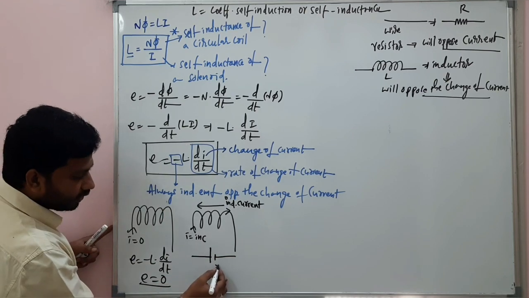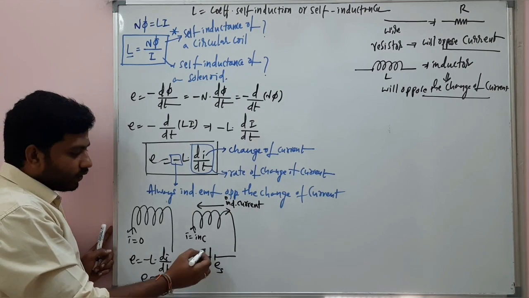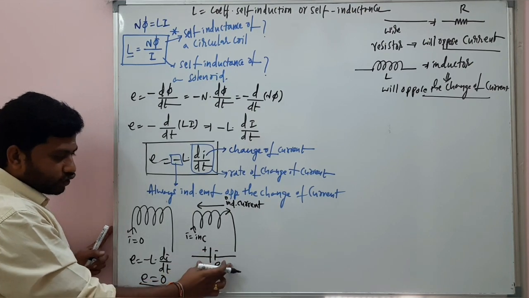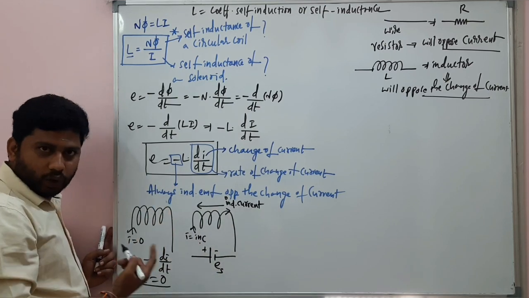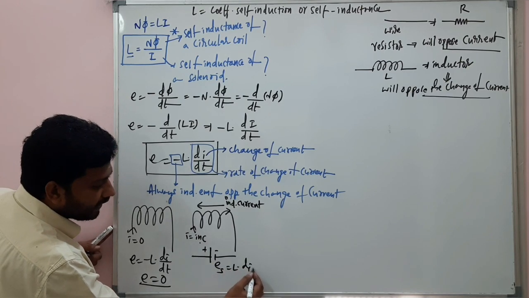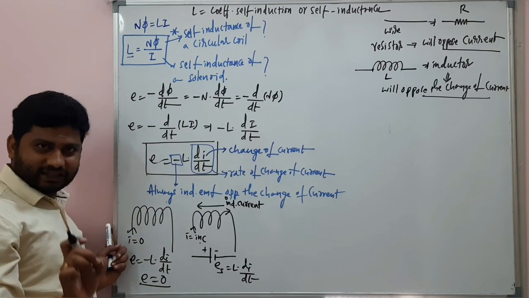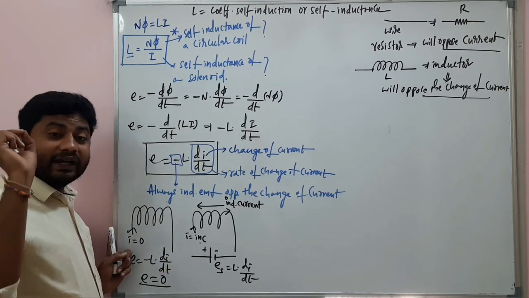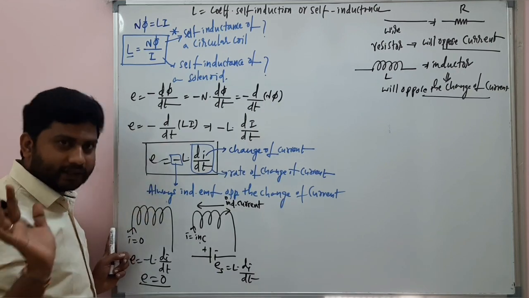That is called the self-induced EMF direction in a coil where the current is increasing. This value is equal to L into di by dt. The negative sign is just indicating the direction, and it is also indicating the opposing of the change of current.